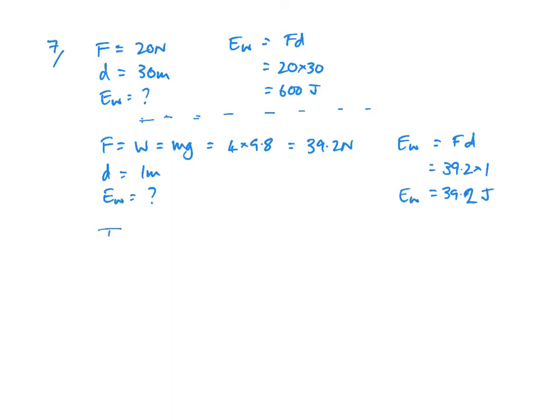And therefore the total work done, well, work done is just a scalar, remember, so it doesn't matter if we change direction, we simply add together and we get our final answer. Rounding off to 3 significant figures, we get our work done.